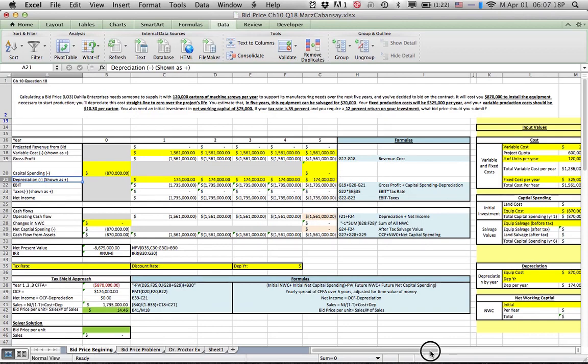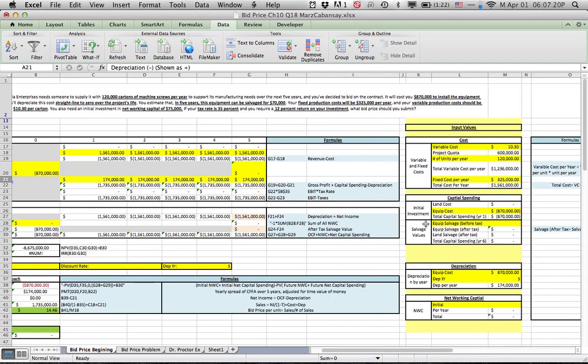The next item that I'm going to put in is the salvage value of the equipment. The equipment salvage value before tax is listed in the problem as $70,000. So we're going to list that $70,000. And you can see here I have the salvage value after tax calculating.